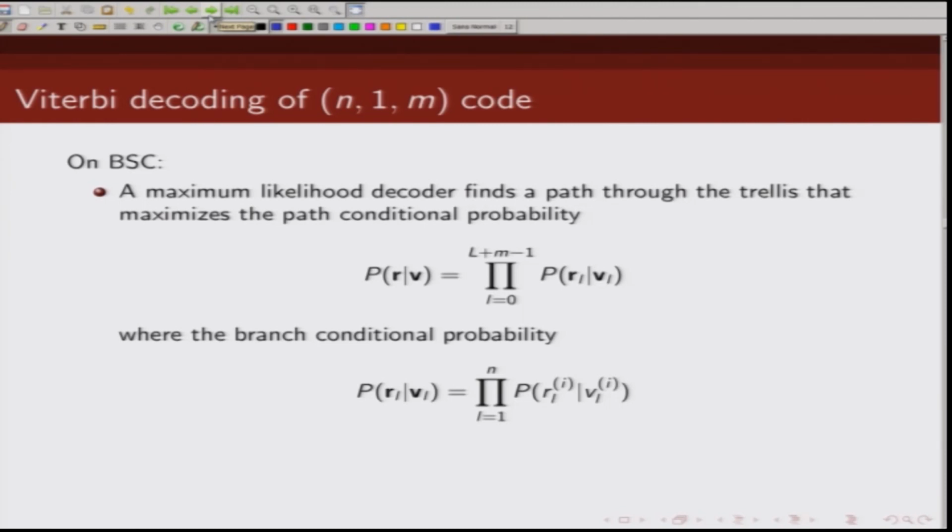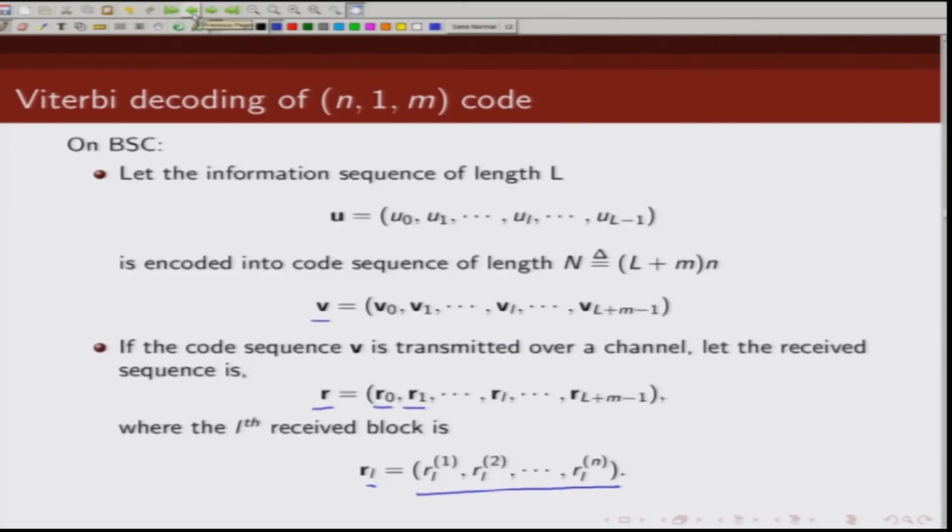Now, we know that a maximum likelihood decoder will try to maximize the likelihood function. So, a maximum likelihood decoder is going to find a path through this trellis that will maximize the path conditional probability. Now, we can define the probability of R given V. What is this R? R consists of these L plus m elements, and each of these Ri's is further an n bit vector.